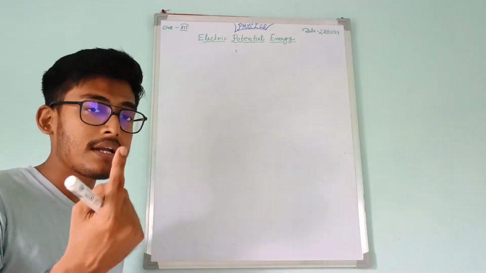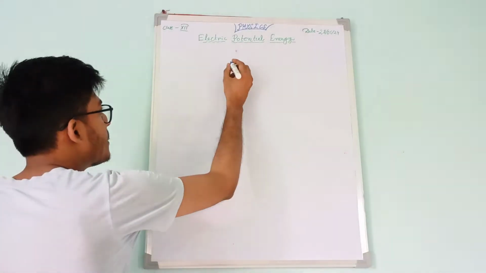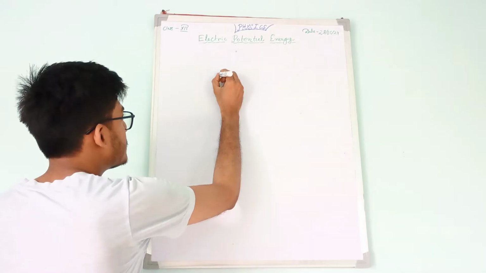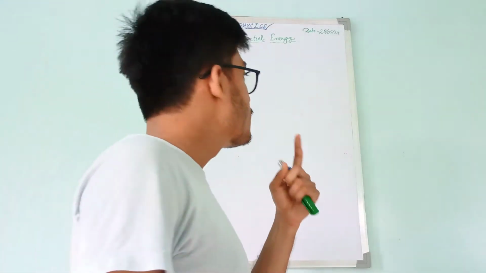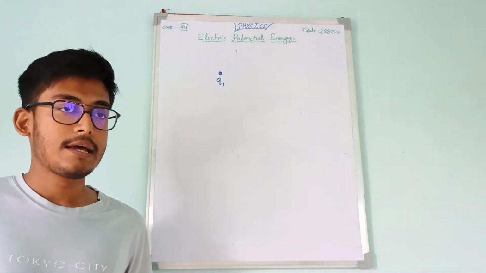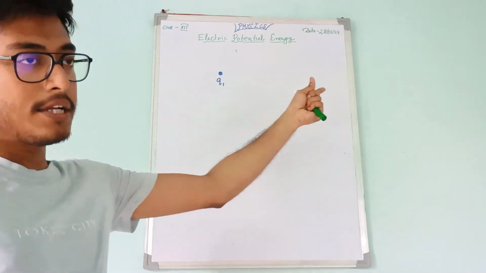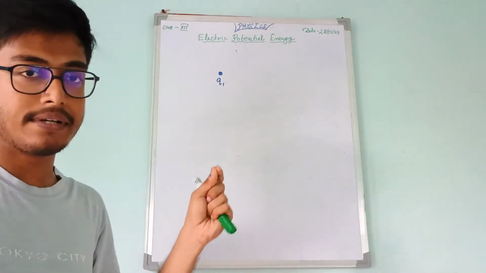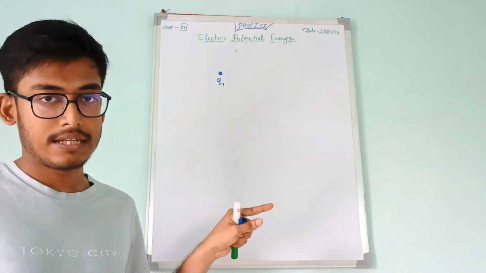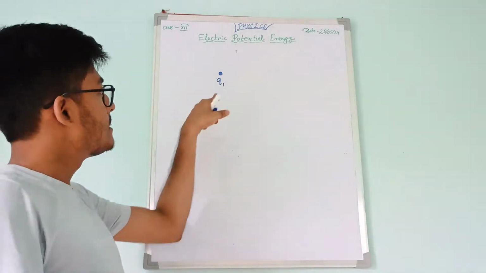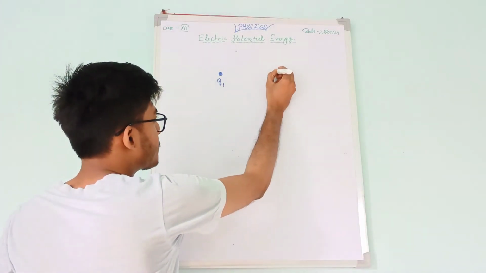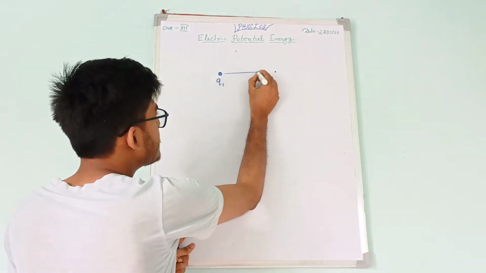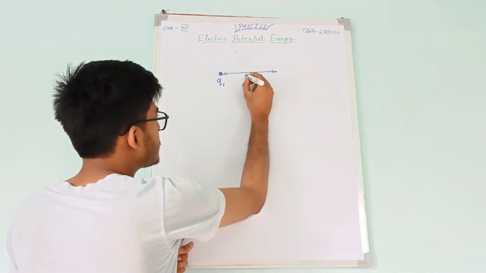Let us take an example, a one charge system. Like if you are taking one point charge q1, and we are talking about the potential energy at a particular point inside the electric field which is created by this q1 charge.